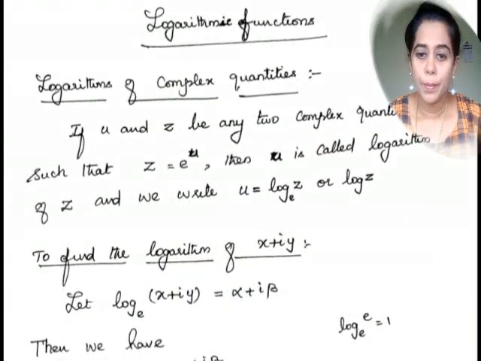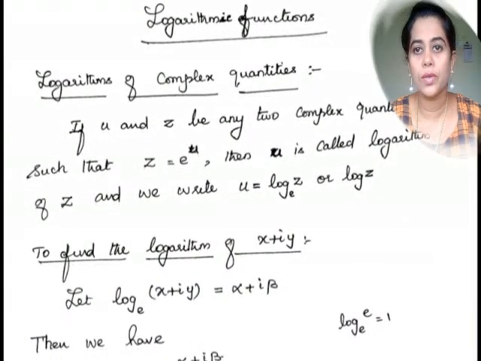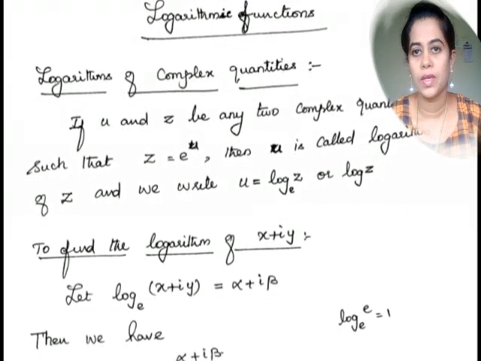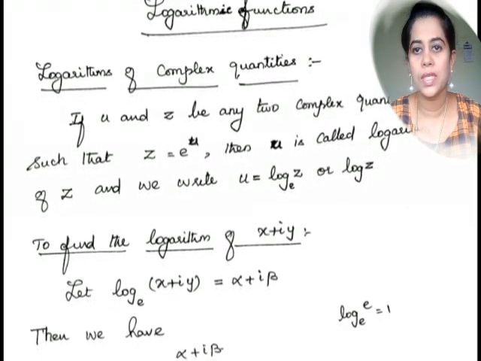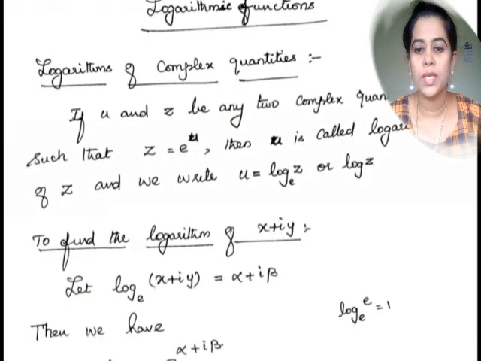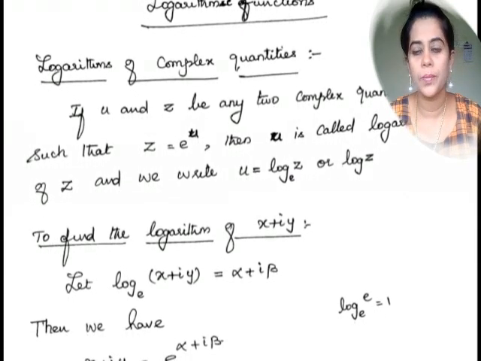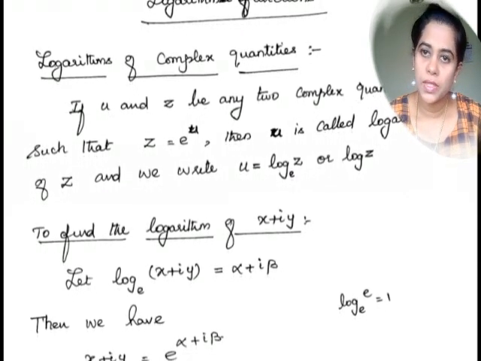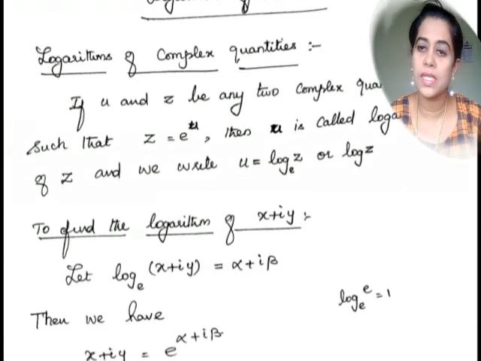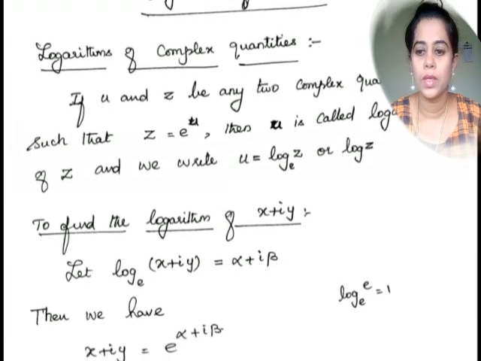In this session, we are going to discuss the logarithmic function. Let me start with logarithms of complex quantities. Here we are going to consider two complex quantities, u and z, in such a way that we can write z equal to e power u.